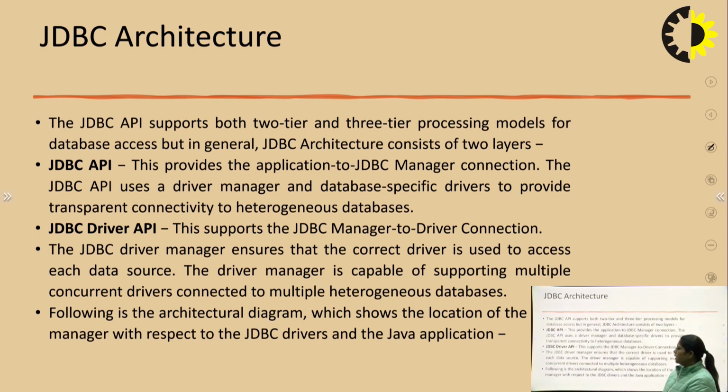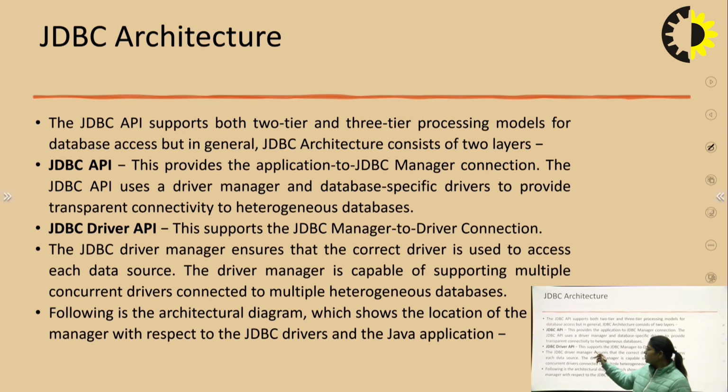First of all, the Java application will connect to the JDBC API, and after the JDBC API, we have to load the JDBC driver. Then we connect to the particular database. So this is a 2-layer or 3-layer architecture.